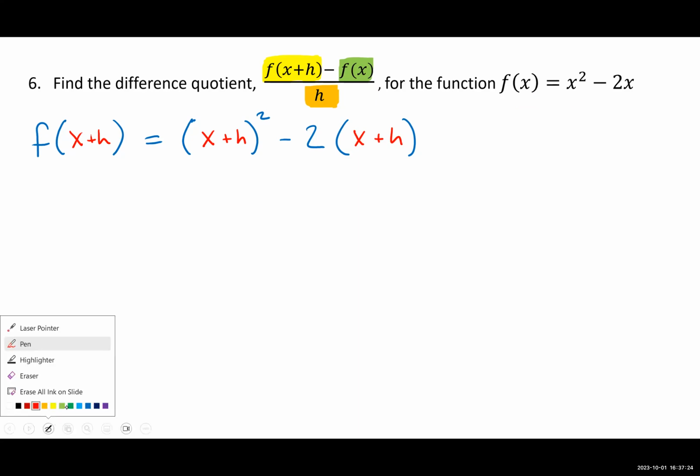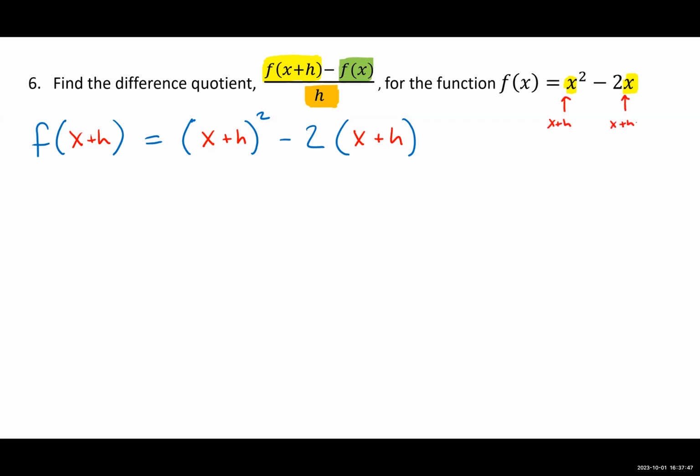All right, so let me just, I'll color code this with the highlighter. We're taking this x, I just made that yellow, and this x over here. I'm replacing those two. Let me put the arrow the other way. We're putting in here an x plus h, and we're putting in here an x plus h.